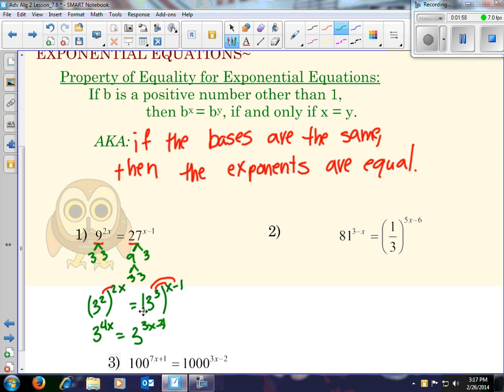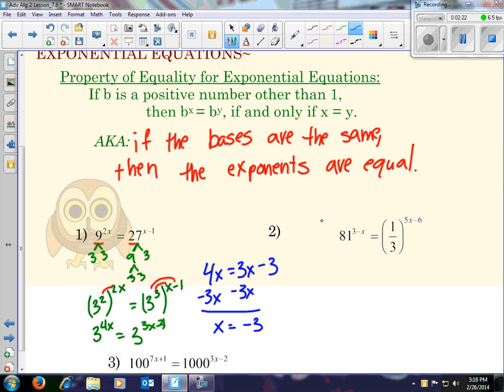So I can just set my exponents equal to each other, like saying 4x is equal to 3x minus 3. Now I just solve normally, so I subtract 3x on both sides. Then I'm left with x is equal to negative 3. So I need to make sure that I have same bases, and then I can solve for my x.